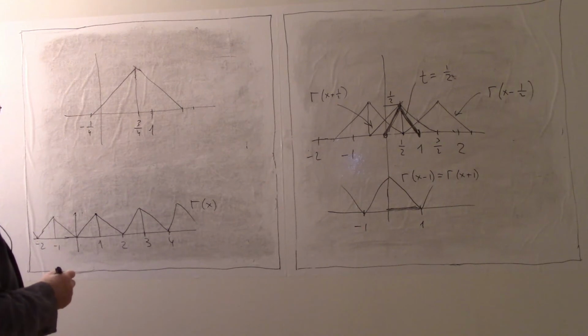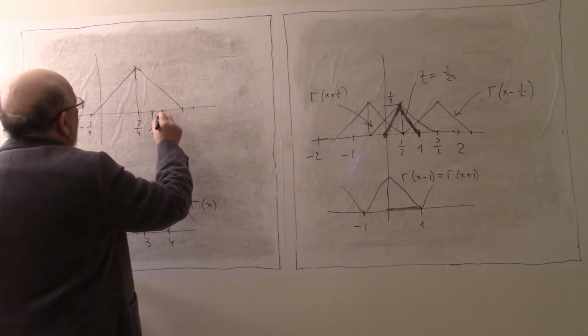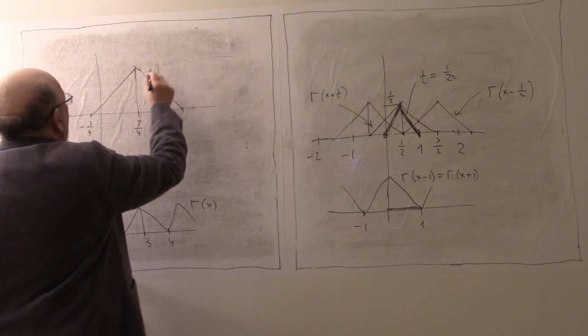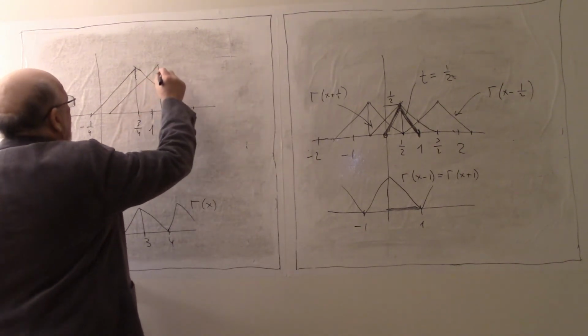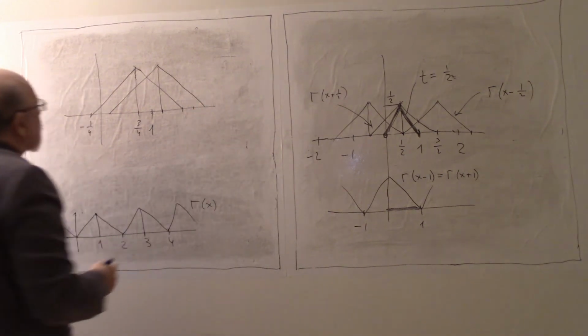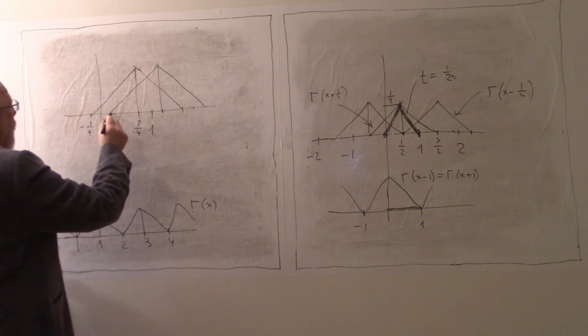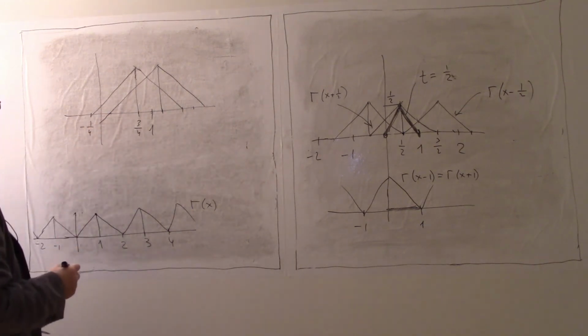So it is gamma of x plus 1/4. Gamma of x minus 1/4. It is here.